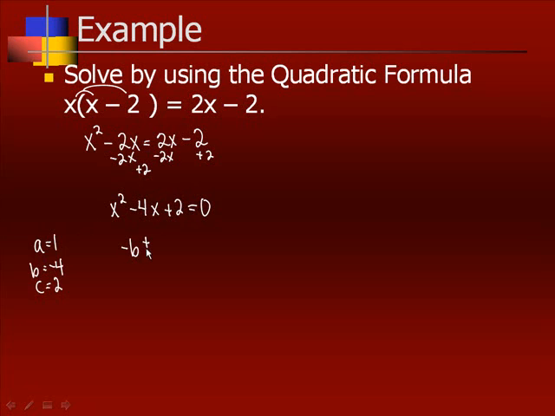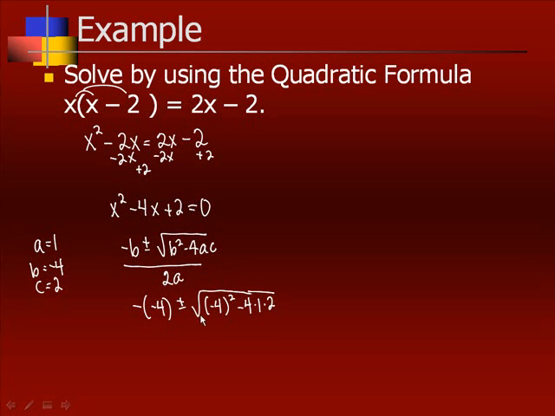So we get negative B plus or minus the square root of B squared minus 4AC all over 2A. So that's negative of negative 4 plus or minus the square root of negative 4 squared minus 4 times 1 times 2. And that's all over 2 times 1.